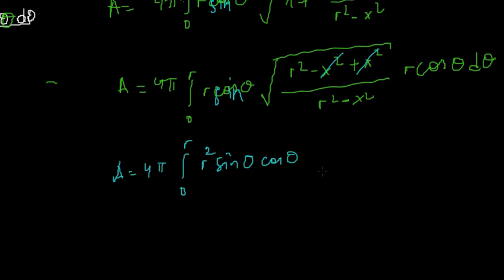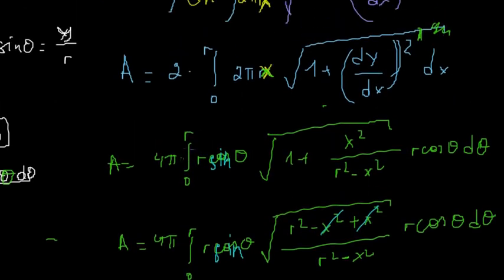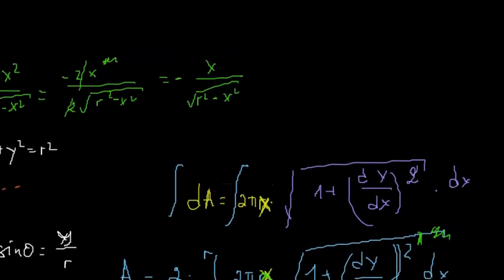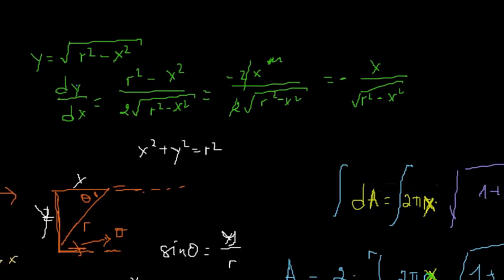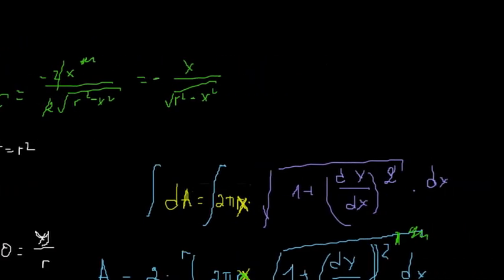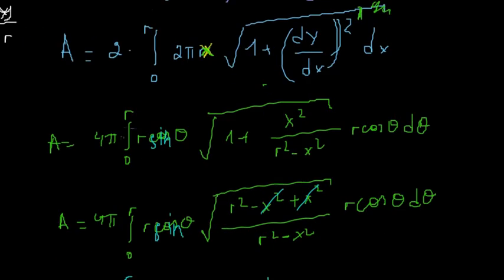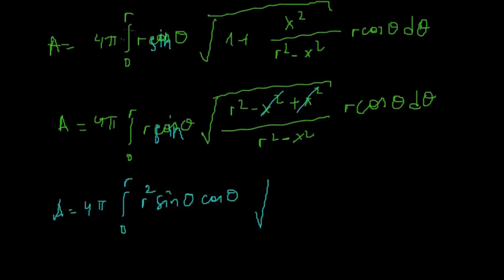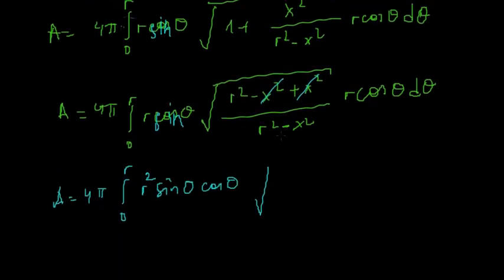square root of dy over dx squared. It is x squared over r squared minus x squared plus x squared.